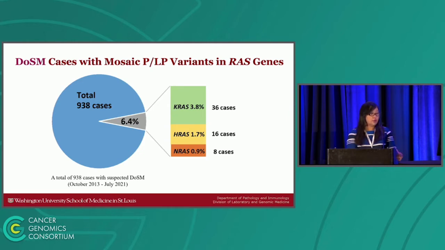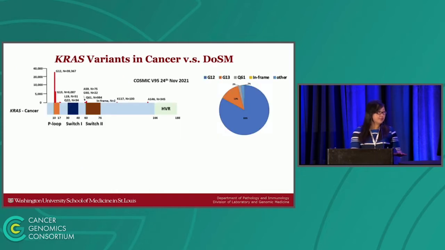An NGS panel was performed with an average unique on-target coverage depth of about 2,000x on the affected tissue, and among those, RAS pathogenic and likely pathogenic variants were identified in about 60 cases, accounting for about 6.4% of the total cases, including 36 cases with KRAS, 16 with HRAS, and 8 with NRAS.